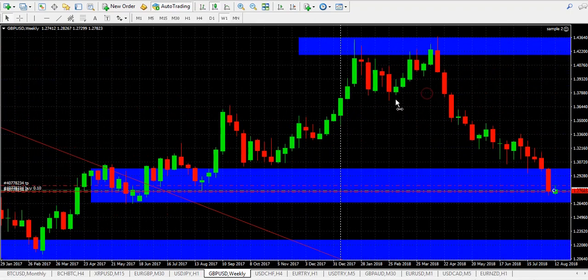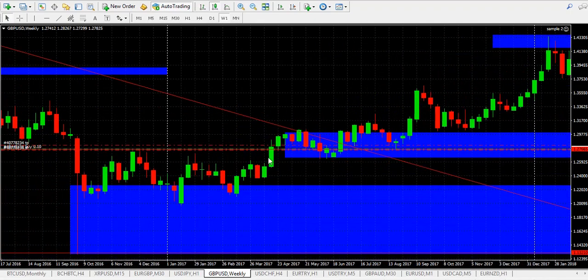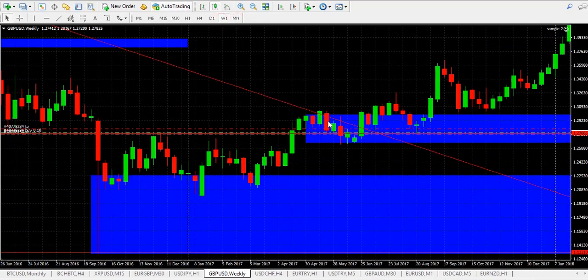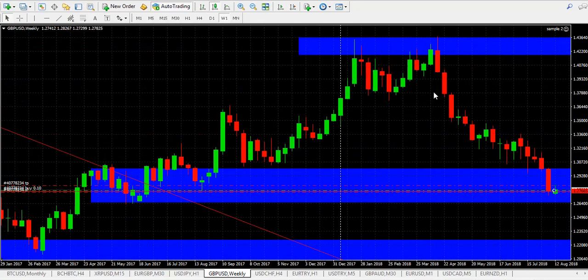see the gap. But if you look, the gap on the monthly looks like a W on the weekly. Coming back over here, we can see this was a strong bullish candle, which was met dead in its tracks by a previous gap here.